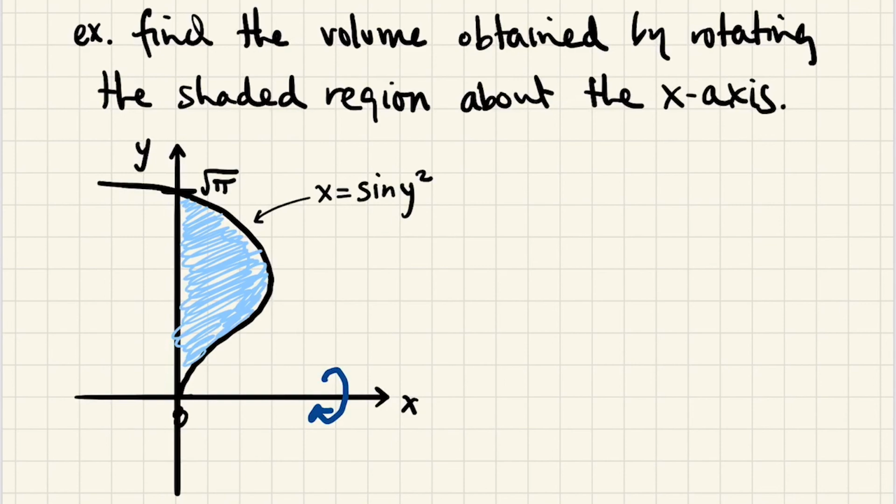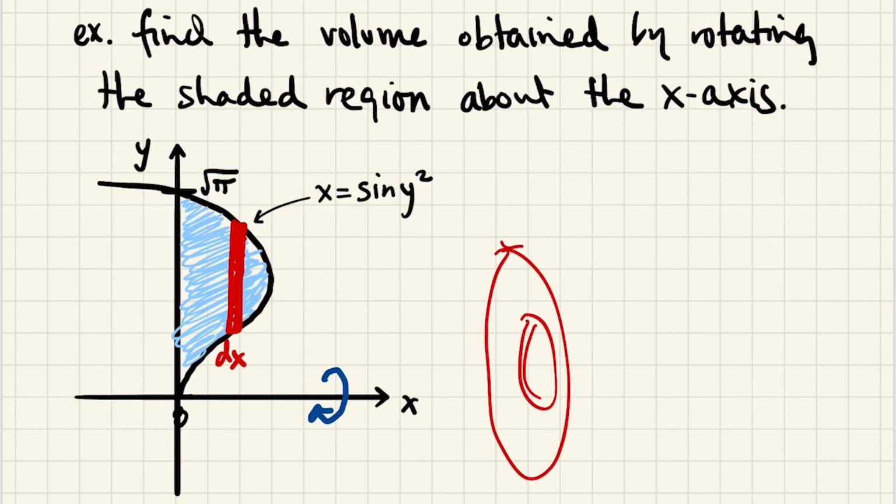But if we insisted on integrating with respect to x, then a sample rectangle would look like this. And rotating that around would of course create a washer shape, because it's perpendicular to the axis of rotation. But there's no clear upper and lower function here.